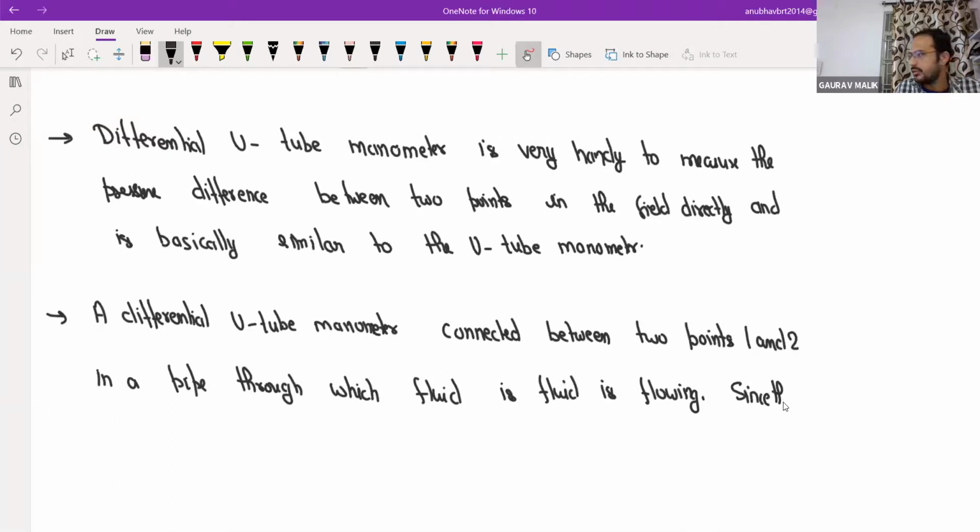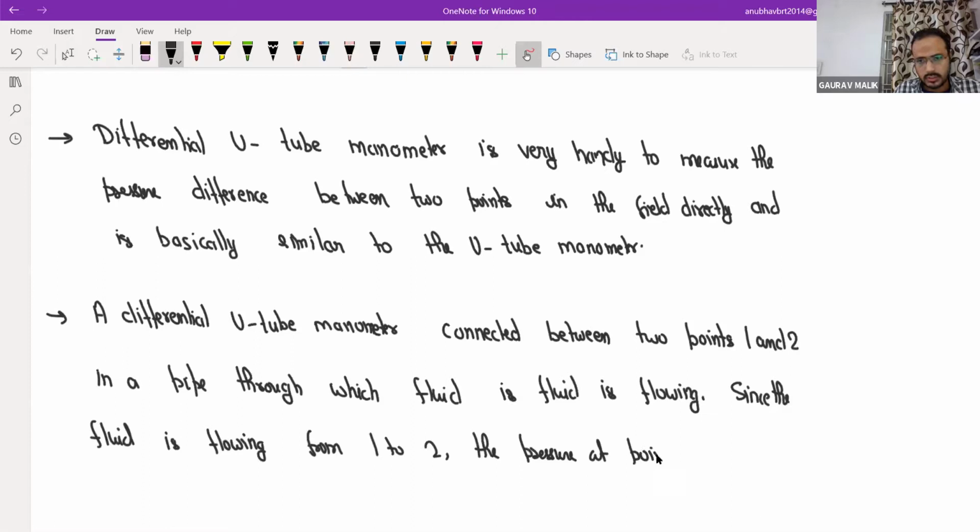Since the fluid is flowing from 1 to 2, the pressure at point 1 will be higher than that of 2.